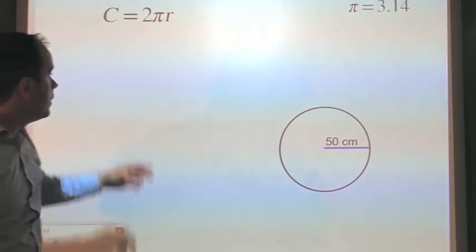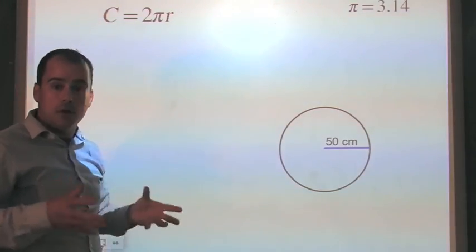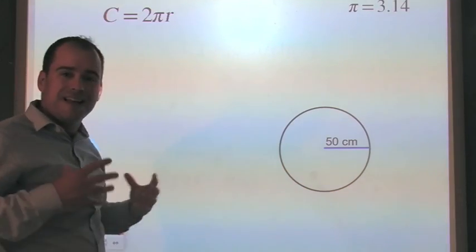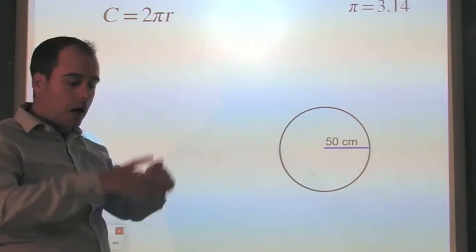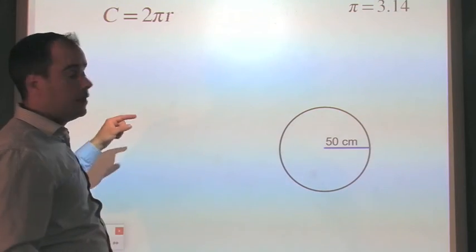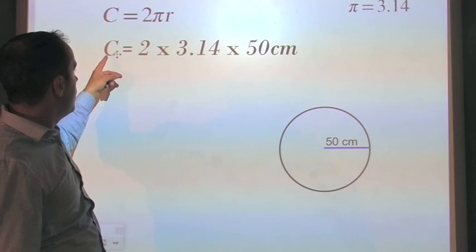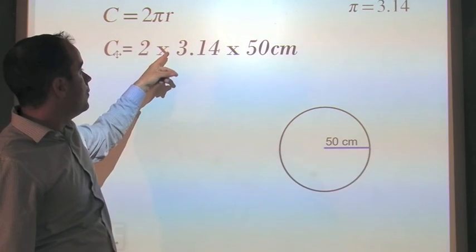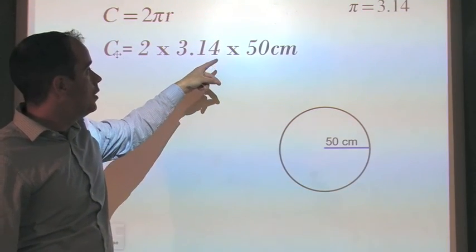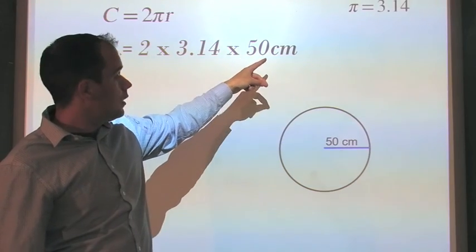And now that we know that, and we know the formula, we can actually put the values in and figure out just how big around this wheel happens to be. You put the numbers in: circumference equals 2 times 3.14 times the radius, which is 50 centimeters.